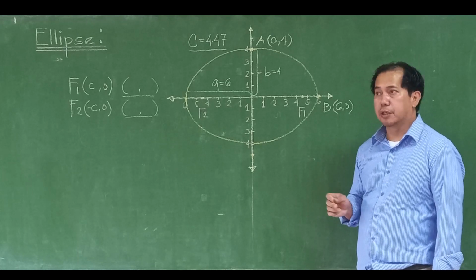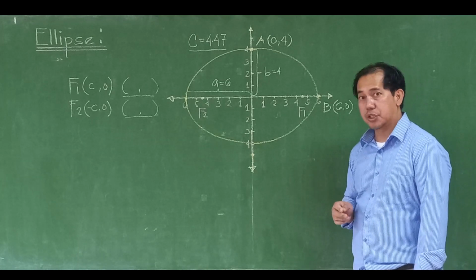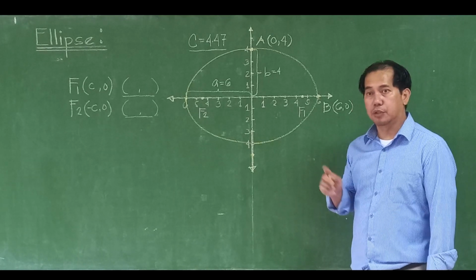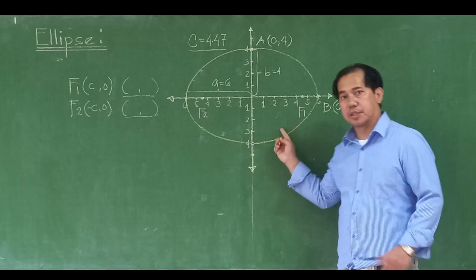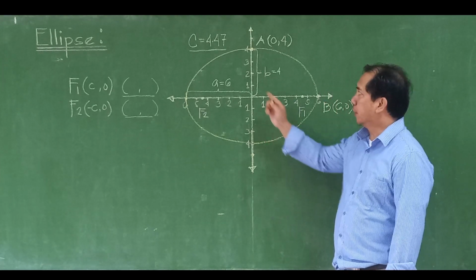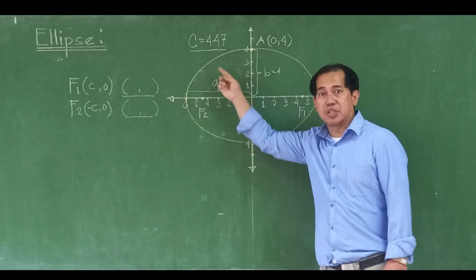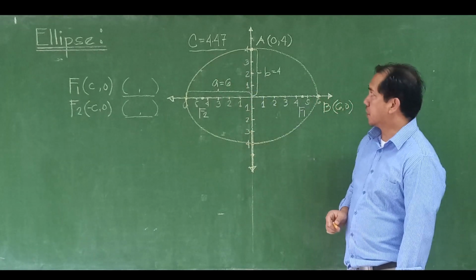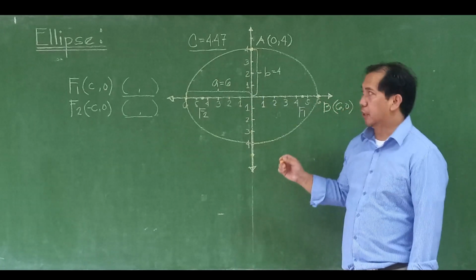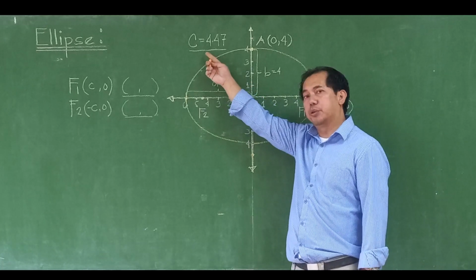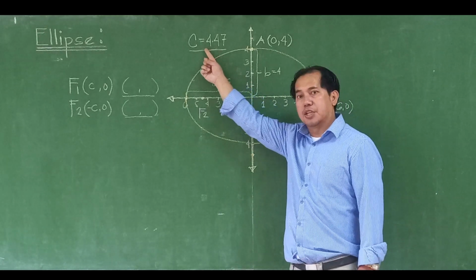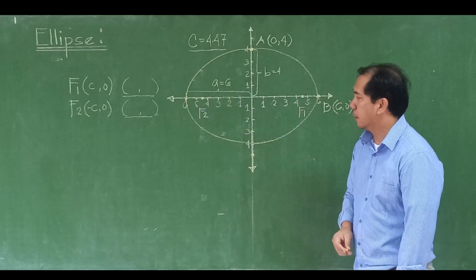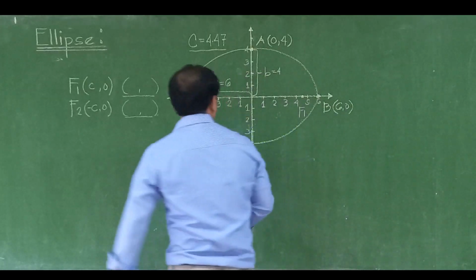Now, the next thing that we're going to look into is that we can now locate the focus of the ellipse after knowing the value of C that we just computed. Notice that the value of C that we computed is 4.47. So where is the location of our focus?